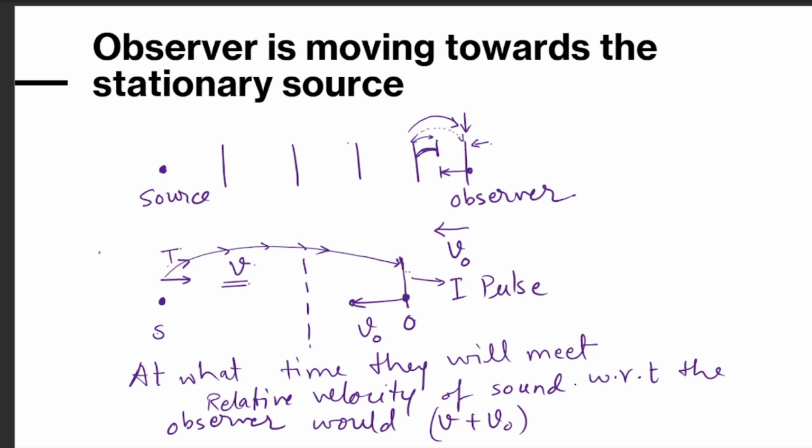For the observer, it will appear that the sound is now moving faster because each pulse is moving at higher speed, and it's reaching faster towards the observer. Actually, it's not happening, but the observer feels that pulses are reaching faster because the speed of the observer is getting added to the speed of sound. And this is the concept of relative velocity.